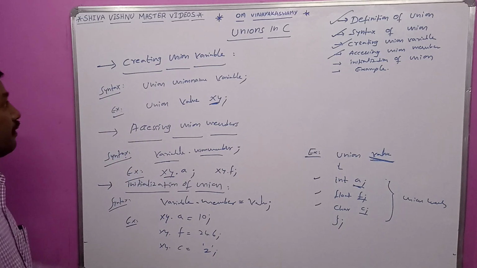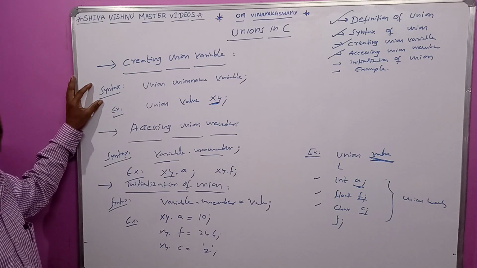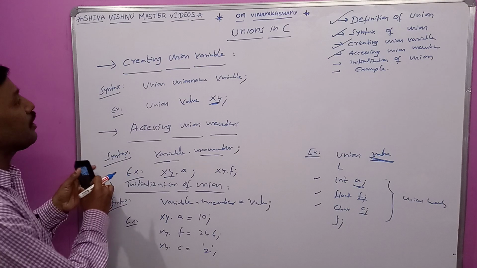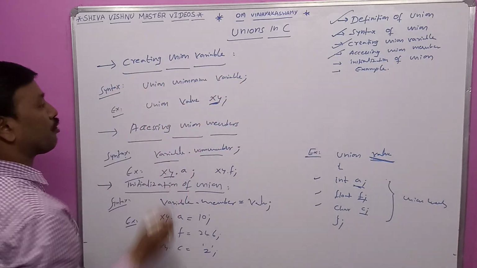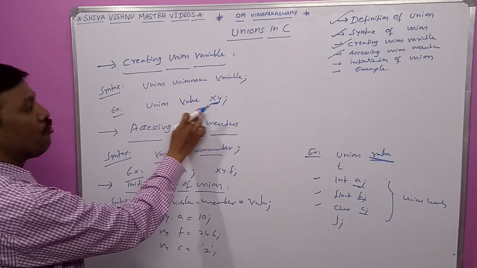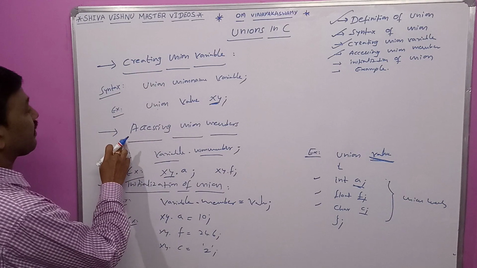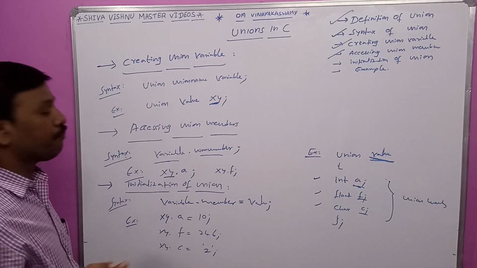Here you can see creating a union variable. You follow the syntax: union name variable semicolon. An example is union value xy semicolon. Next, accessing the union members.